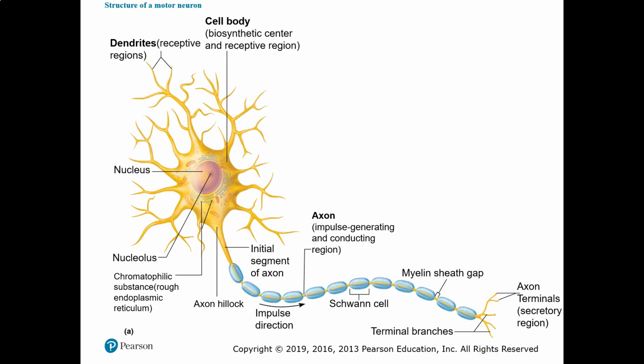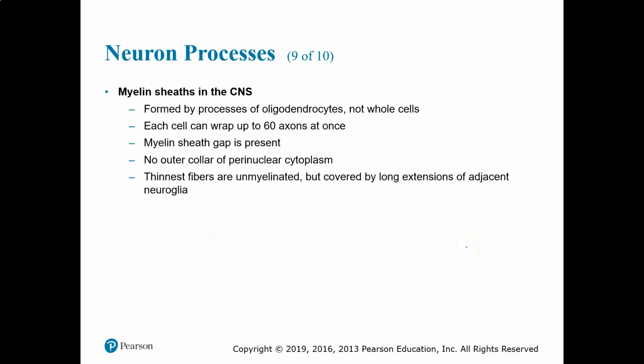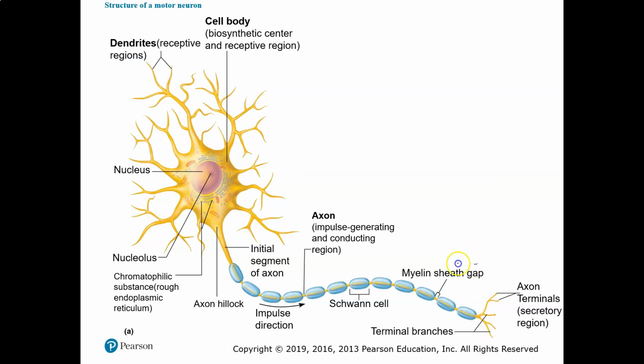Okay, so here, we've seen this picture before, but now I want to show you about the gaps. The myelin sheath gap is also called a node of Ranvier.